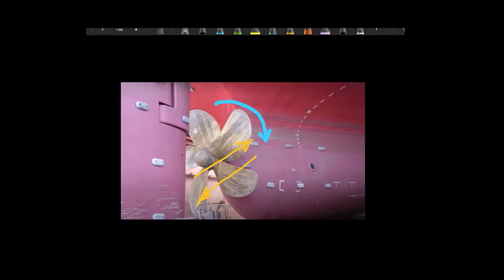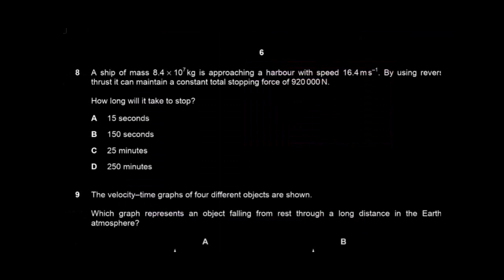Now the propeller moves in an anti-clockwise direction. So in doing this, the blade of the propeller pushes the water in the forward direction. So the water pushes the ship in the backward direction. So there is a reverse thrust which opposes the motion of the ship. And after some time the speed slows down and becomes 0.